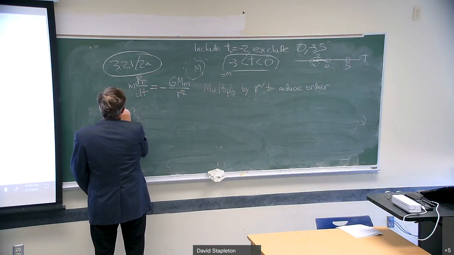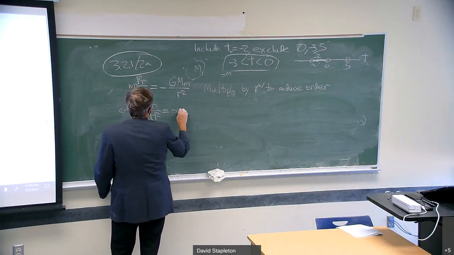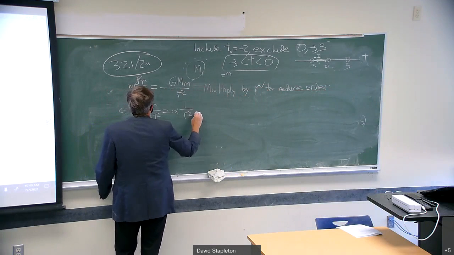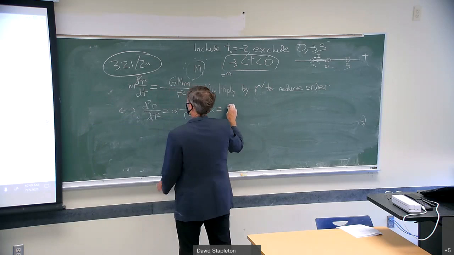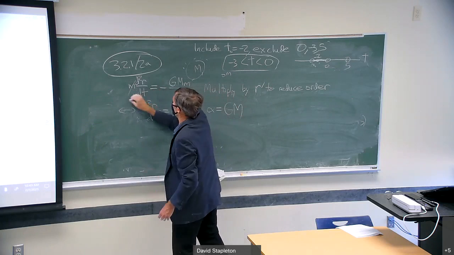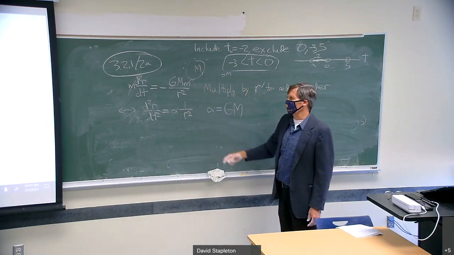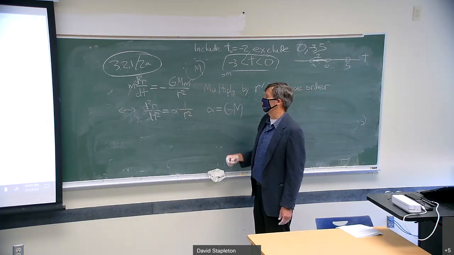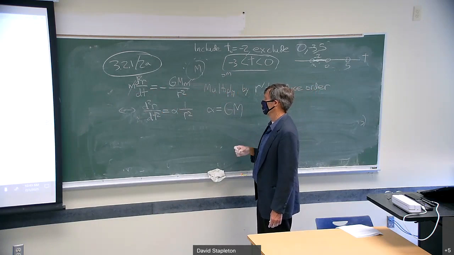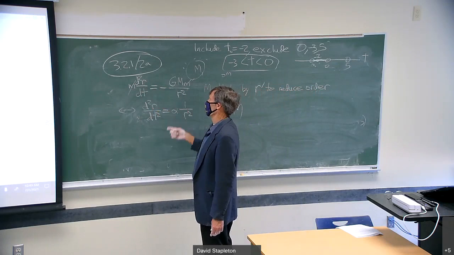This is equivalently d squared r dt squared equals alpha times 1 over r squared, where alpha is minus GM. I divide through by m and cancel those. So that's the simplified equation. There's really only one arbitrary constant in there. This is mass times acceleration equals force, is the idea.